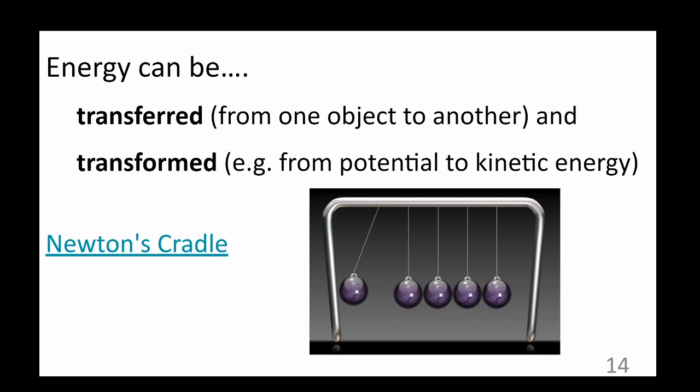As an example, here is a Newton's cradle. When a ball is raised, the system has potential energy. When the ball is released, the kinetic energy increases while the total energy remains constant. Kinetic energy is transferred through the collisions, so energy can be transferred from one object to another, and it can also be transformed from one form into another.